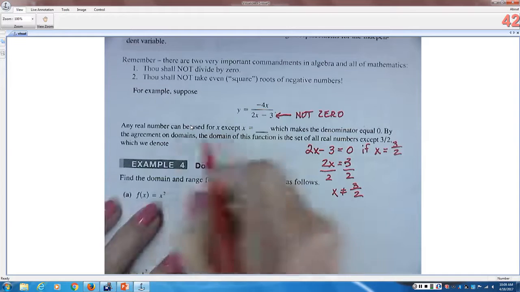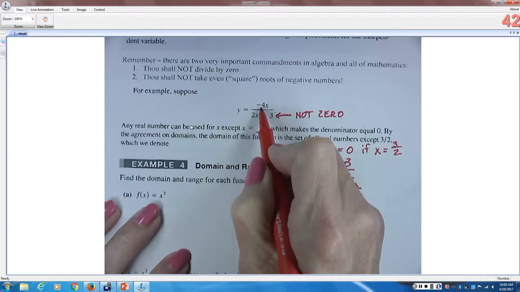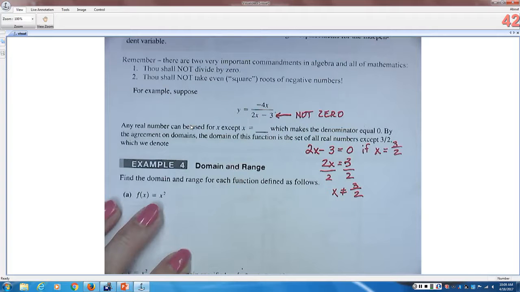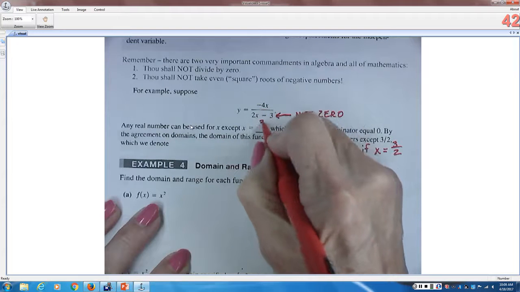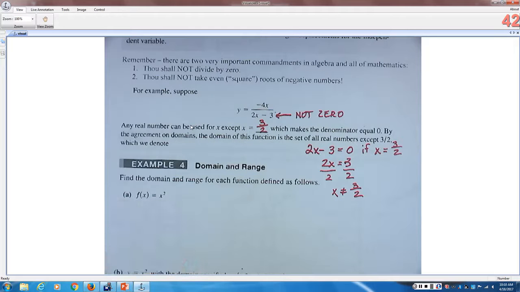Okay? So any real number can be used in this function. Anything in the world that I want it to, except 3/2, because that makes the denominator equal to 0.